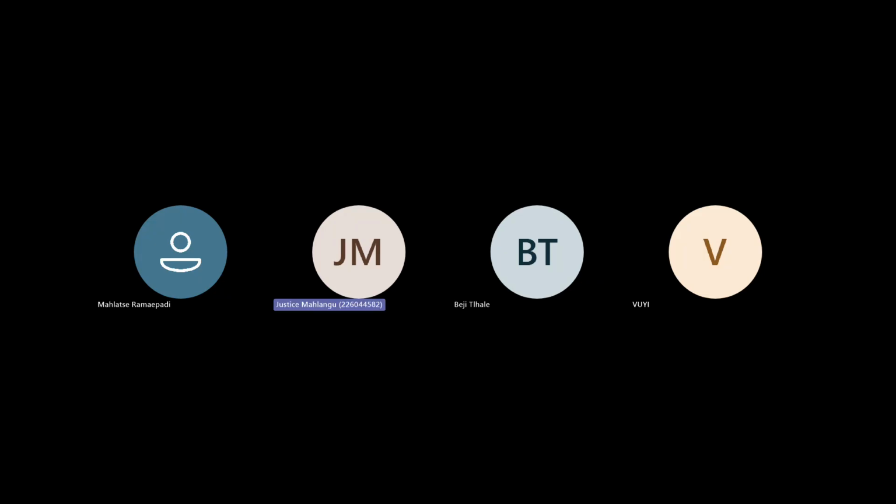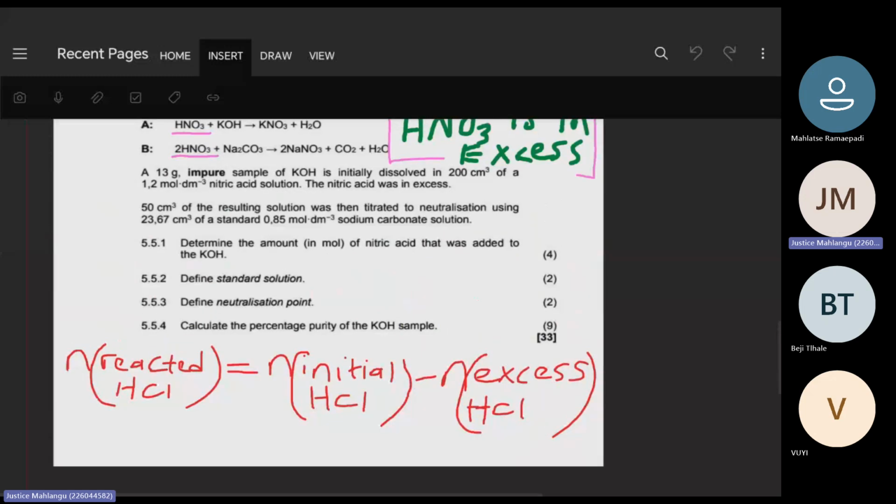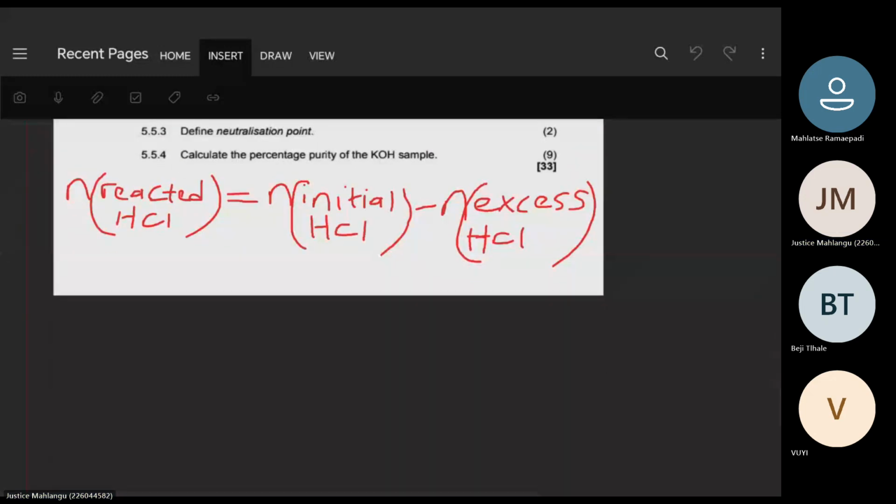Okay, if it's refusing, then we'll use a WhatsApp call if this is denying. How about now? Yes. Okay. All right.